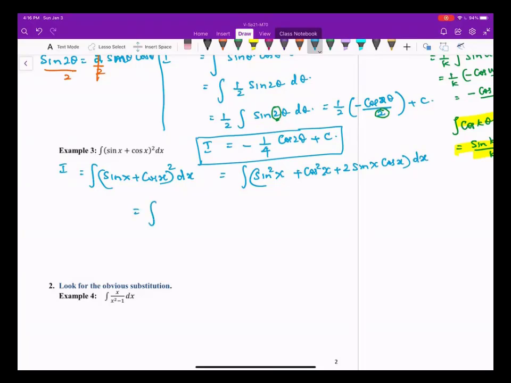That is the integral of sine square plus cosine square, which equals 1 by the Pythagorean identity from trig, plus 2 sine x cosine x, which equals the double angle sine 2x, so sine of 2x dx.